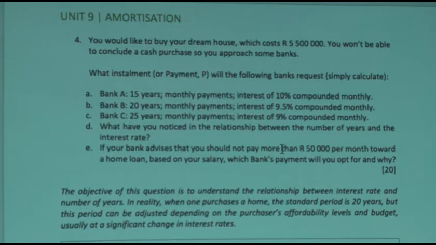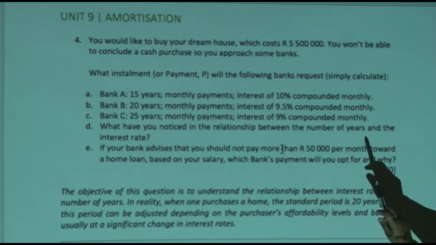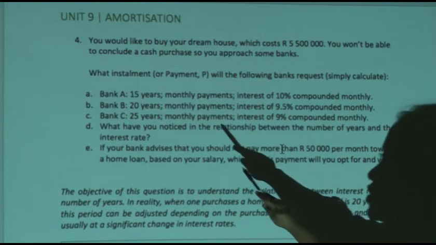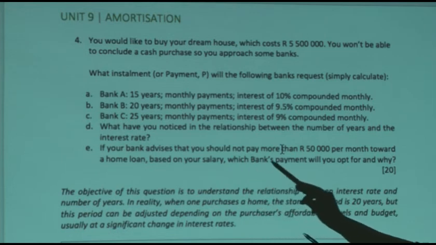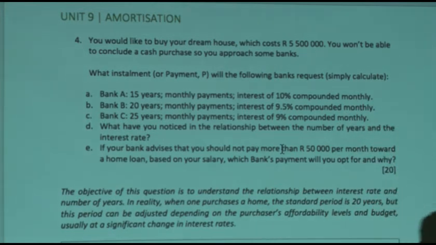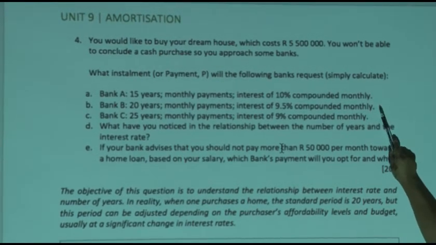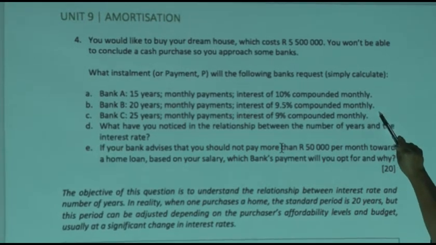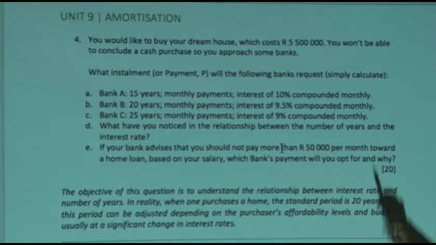Bank A says, sure, you can have 5.5 million if you pay it back over 15 years. You're going to give us monthly payments, which is P. We're going to determine what P is, what the payment is for Bank A, what the P is for Bank B, and what the payment is for Bank C.